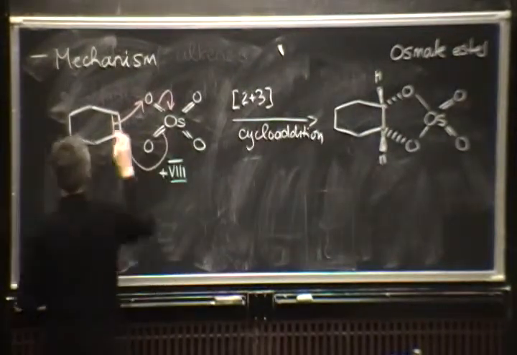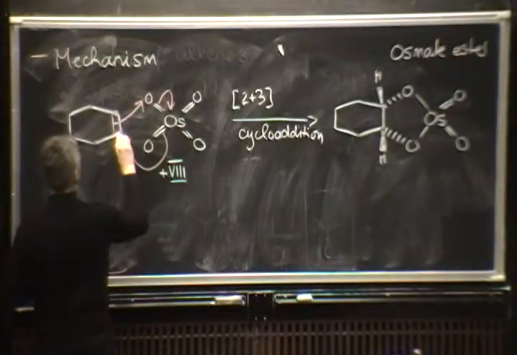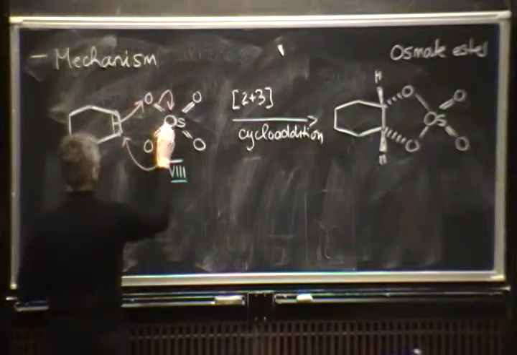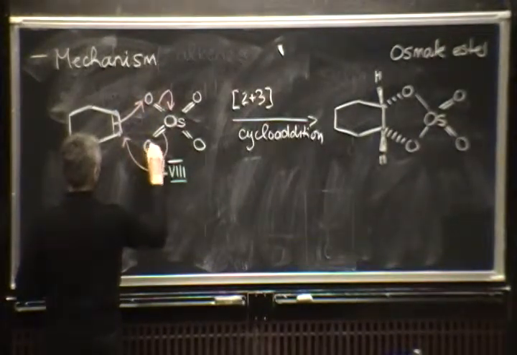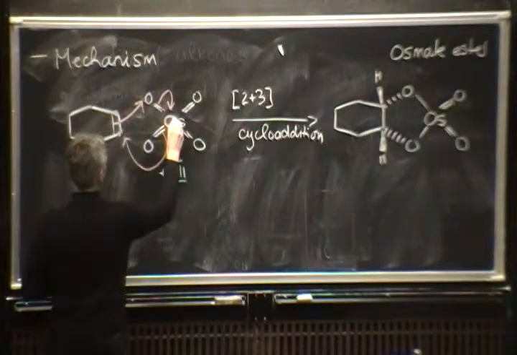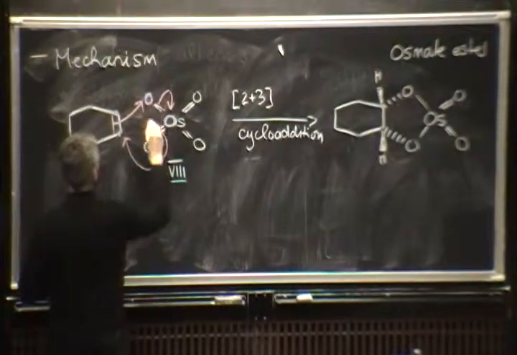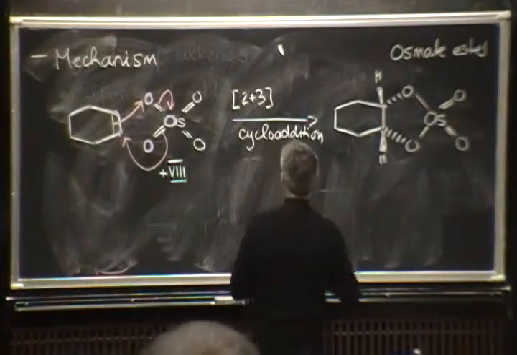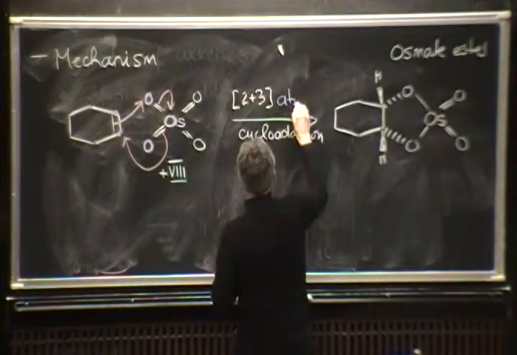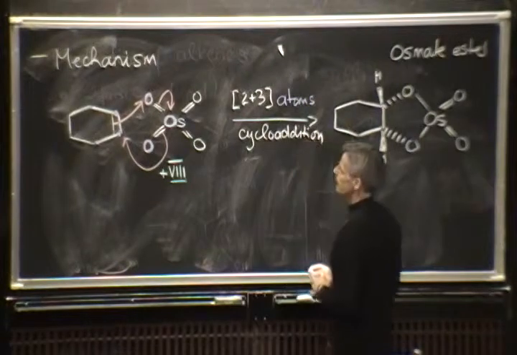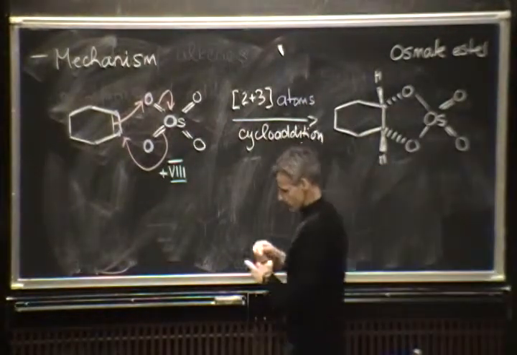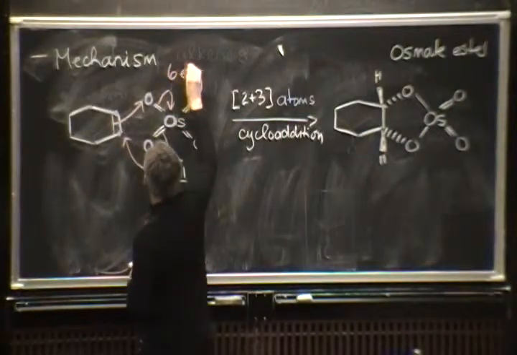Just count the 2 here and the 3 atoms here. And they are in the cycle, 6 electron sets. So we have a total of 6 electrons involved here.